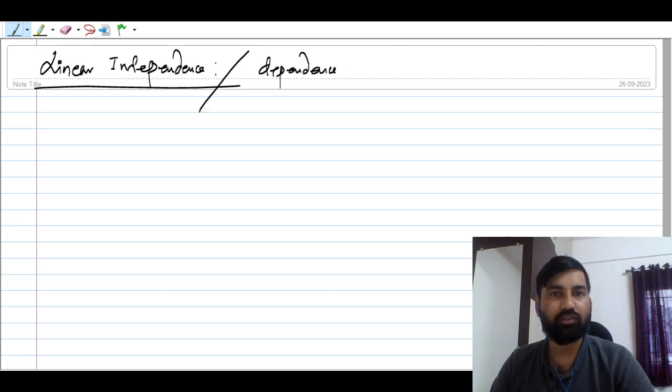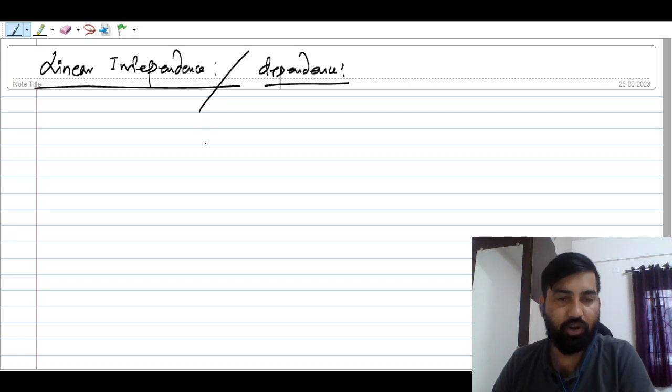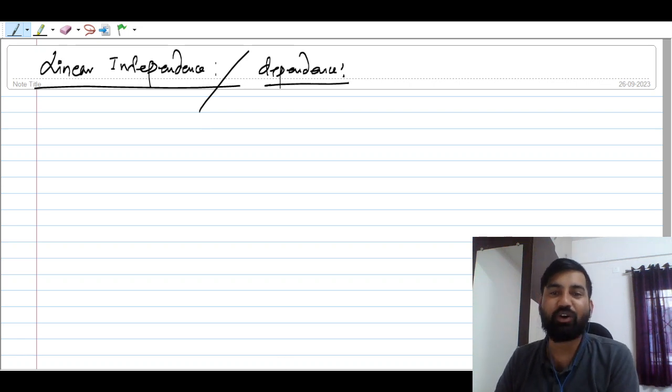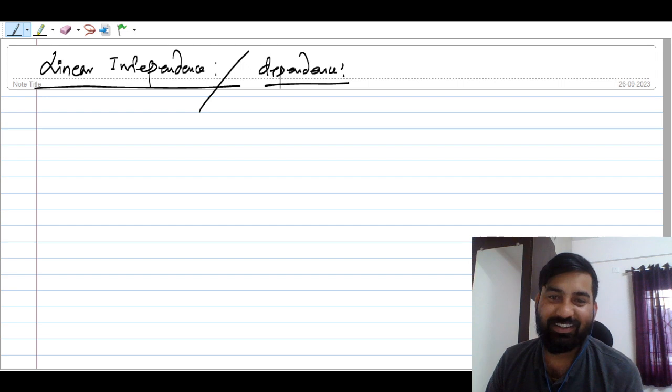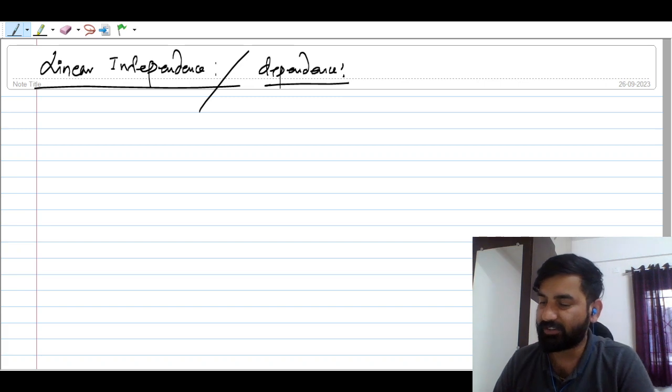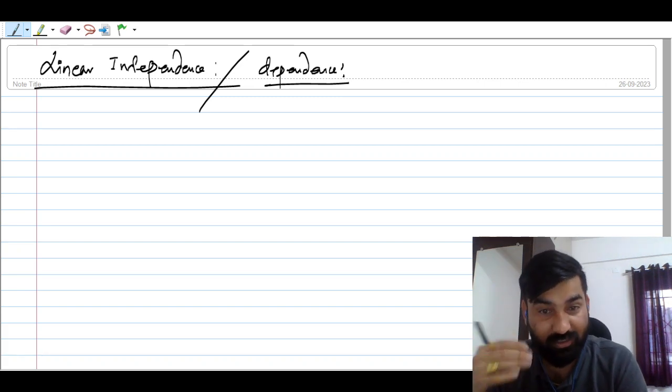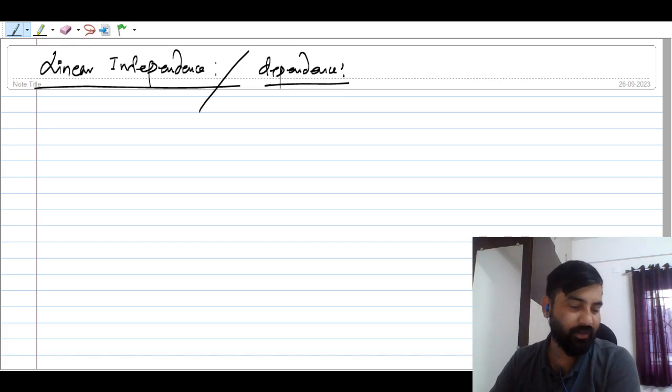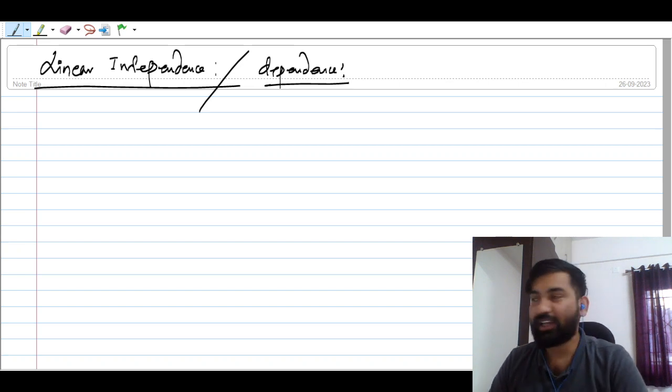If something is not linearly independent, we call it dependent, ठीक है? तो आप लोग ये याद रखना, these are very important concepts in linear algebra, और आगे बहुत ज्यादा काम आने वाले हैं, ठीक है? तो आपको याद रखना है.